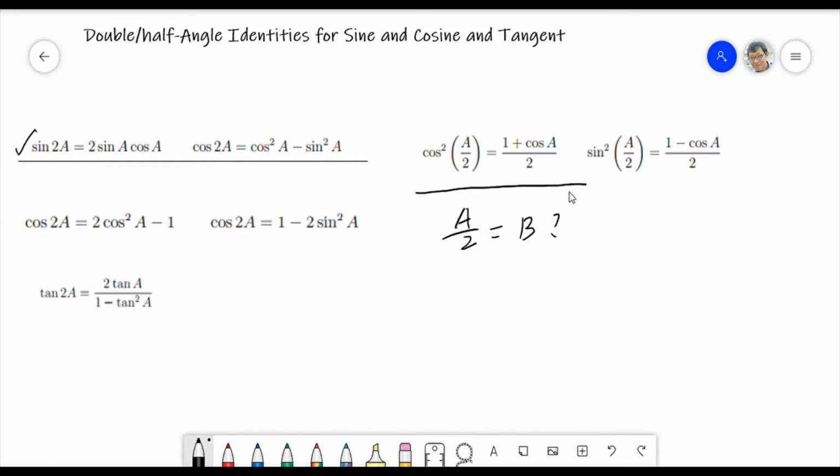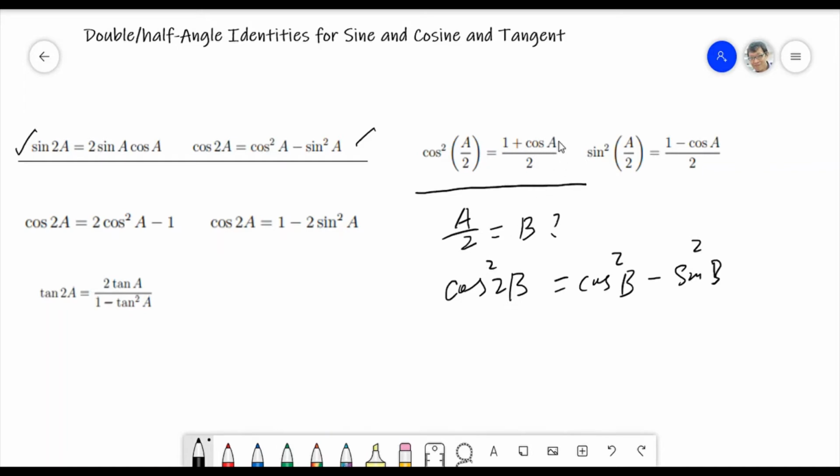This is cosine, so we should use this one, okay? So the cosine 2b is cosine squared b minus sine squared b, am I right? And cosine 2b is equal to cosine a.